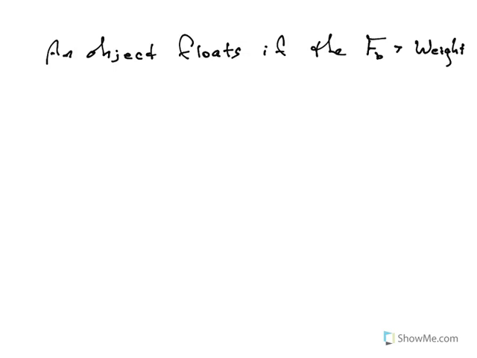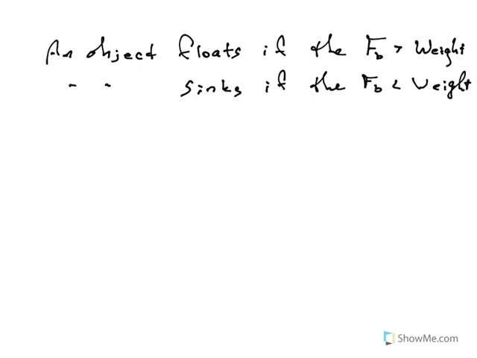So, if the object's placed in the water and there's more force pushing up because of the buoyant force than there is force pushing down because of gravity, then obviously the object will float. An object will sink if the buoyant force is less than the weight.